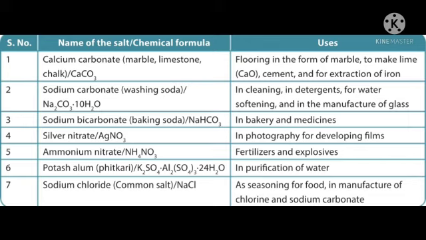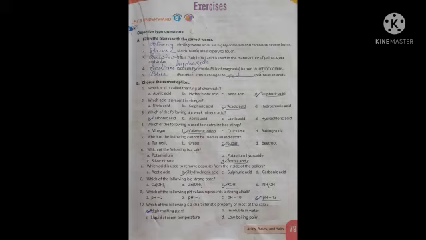Calcium carbonate is used for flooring in the form of marble, to make lime cement, and for extraction of iron. Then sodium carbonate is used in cleaning, detergents, water softening, and manufacture of salt. Manufacture of glass we have completed. Some salts and their uses we have completed already.